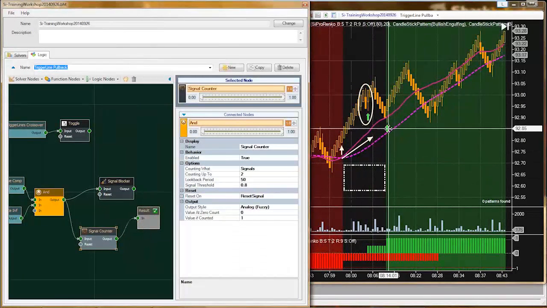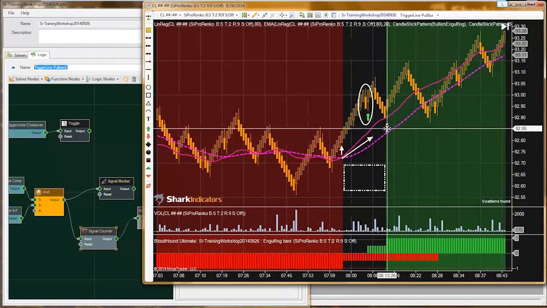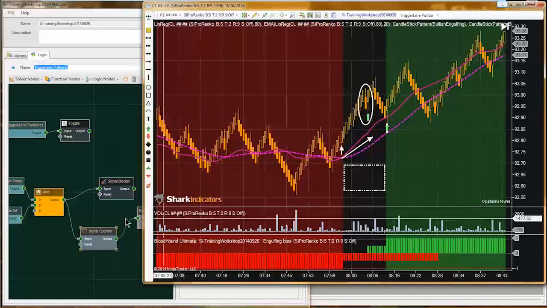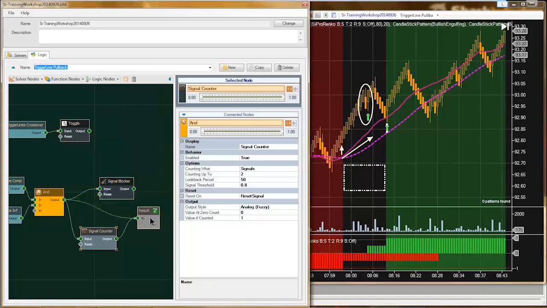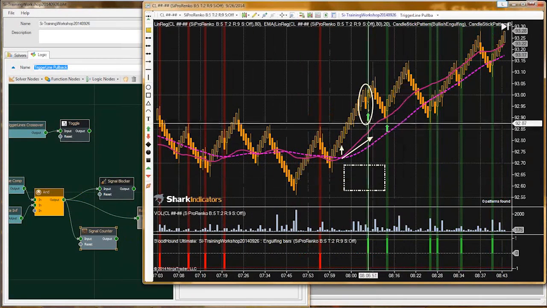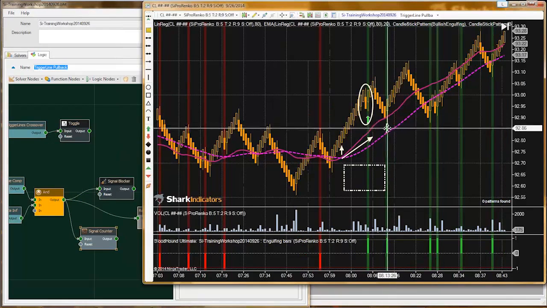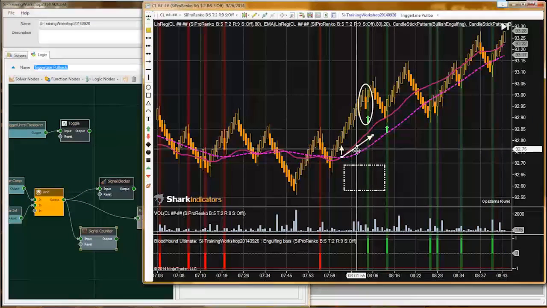Right there. You notice how it lines up with this marker I placed on this second reversal? This long signal is our first pullback, and this one's our second pullback, after we're in a long state here.